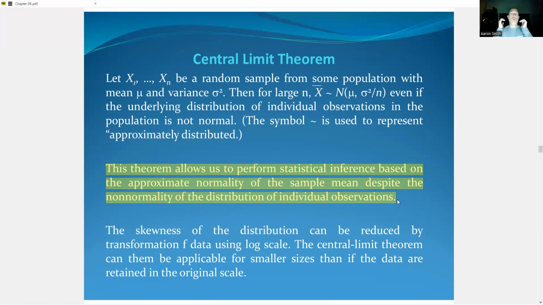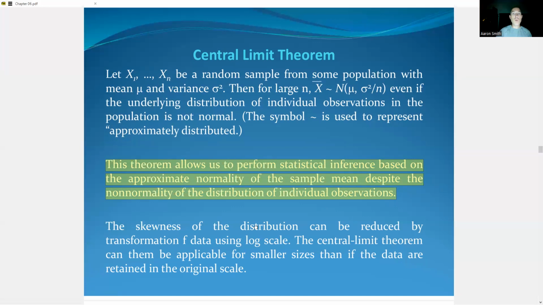Because no matter how I got my data, as long as it's independently and identically distributed data, mean mu, variance sigma squared, then I know I have the distribution. I know the shape, I know the mean, I know the variance.